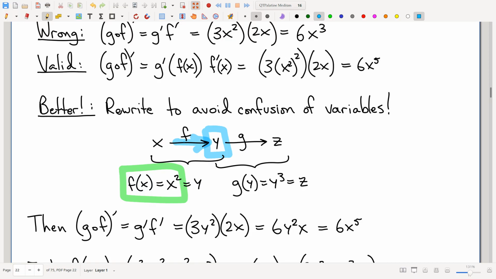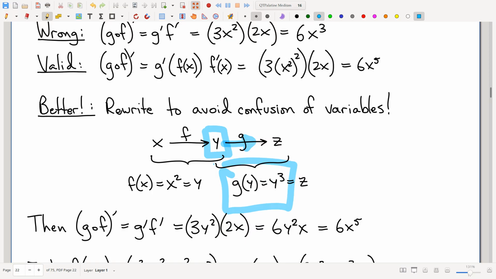Nonsense. Well, what comes out of f has to be what goes into g. So if you're going to call the output from f, let's say y, you really should rewrite g in terms of y. Everybody see that? Otherwise, you're committing what I would call confusion of variables.